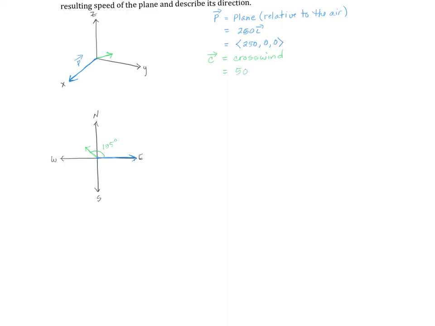So the magnitude is 50 times cosine of 135 degrees i plus 50 sine of 135 degrees j. And notice there's no k component because it's a horizontal wind.